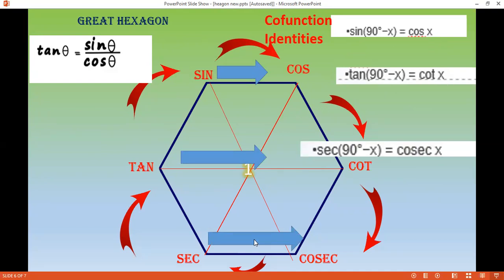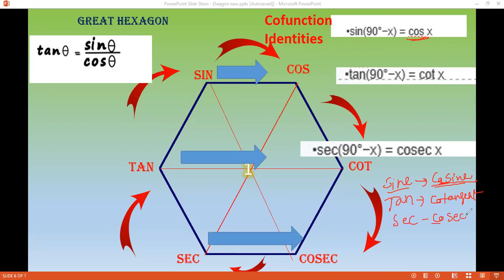Why are they called co-functions? Cos means co-sine. That's why the co-ratio of sine is cosine. The co-ratio of tan is cotangent. Next, the co-ratio of sec is cosecant.